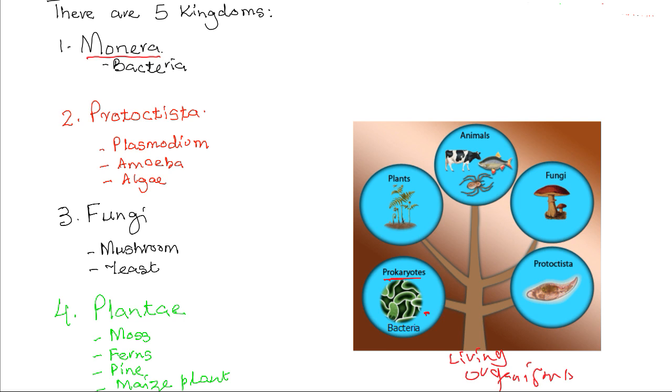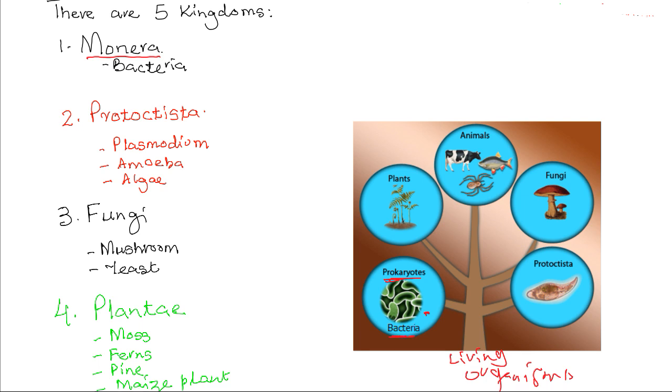Because members of this kingdom Monera lack a membrane-bound nucleus. That is, apart from being unicellular, they have no organized nucleus, and for that reason they are said to be prokaryotes. So this kingdom consists mainly of bacteria.